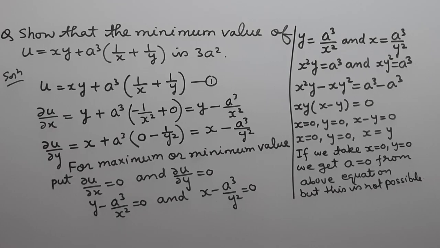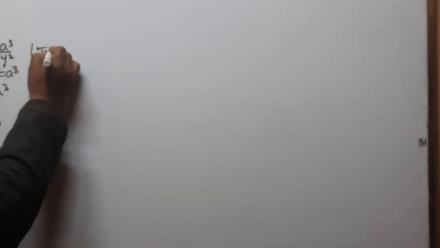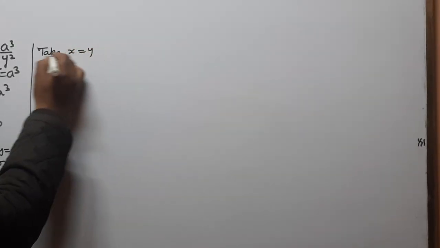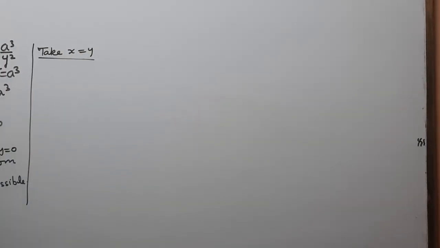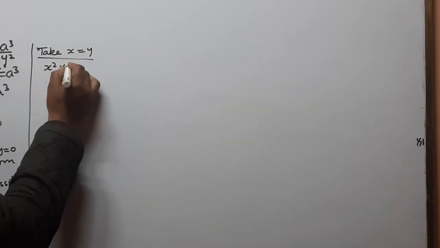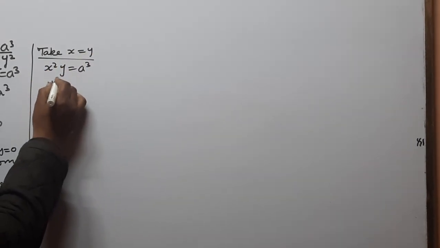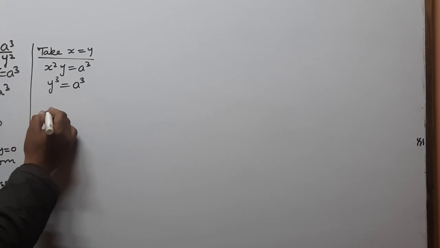So we take x = y. Now we take x = y and put it in the above equation in place of x. So x²y = a³, we put x = y, so we get y³ = a³.